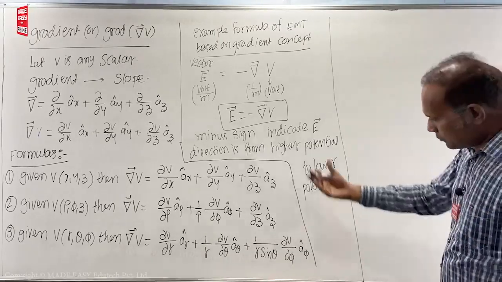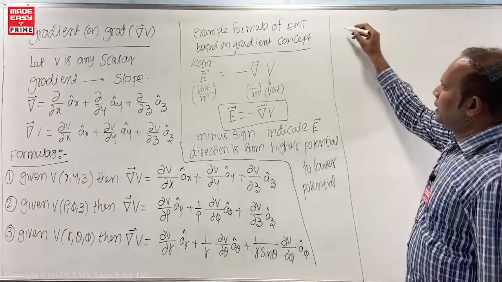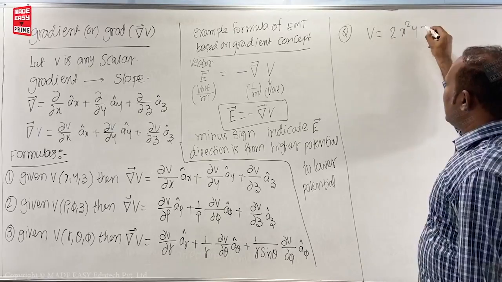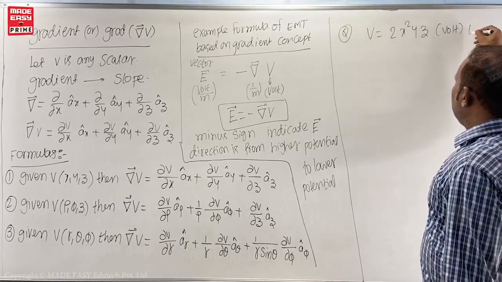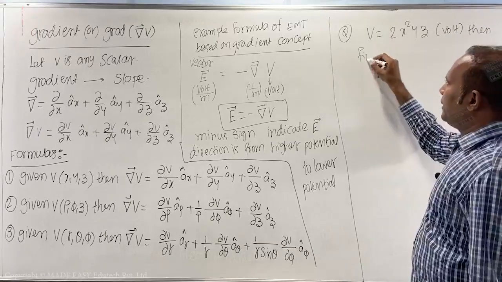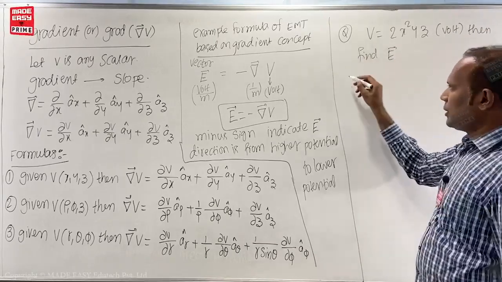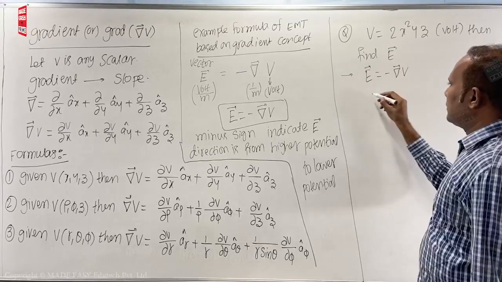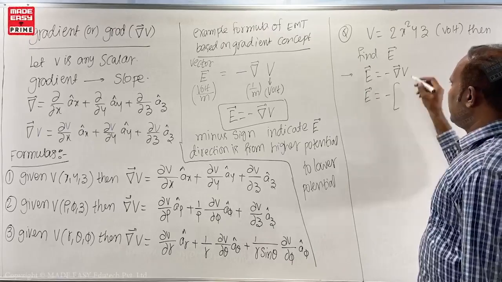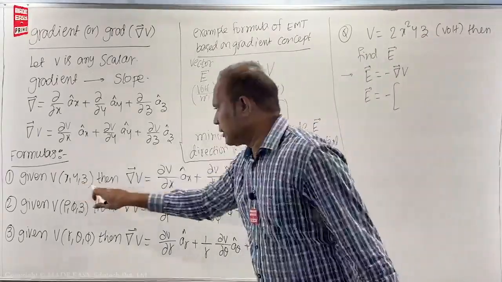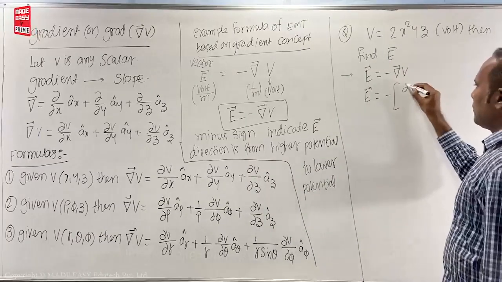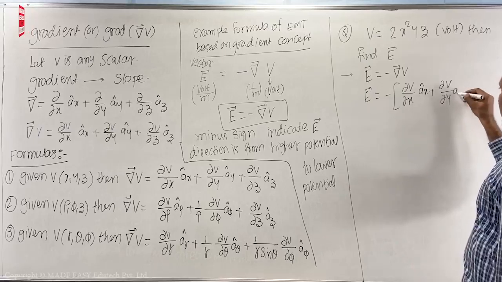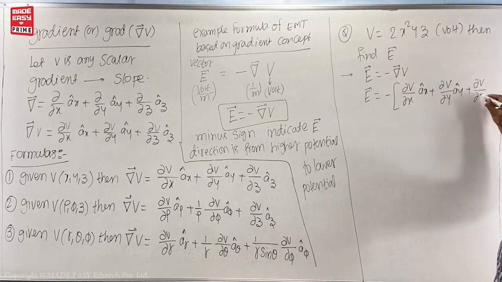Right, dear students. Now in an exam question, for example like this, given potential V is equal to 2x square yz volts, then find the electric field. That is the question. Then the answer: E is equal to minus grad V. So E is equal to minus of, here V is a function of x, y, z, so the grad V formula is dou V by dou x Ax, dou V by dou y Ay, dou V by dou z Az.